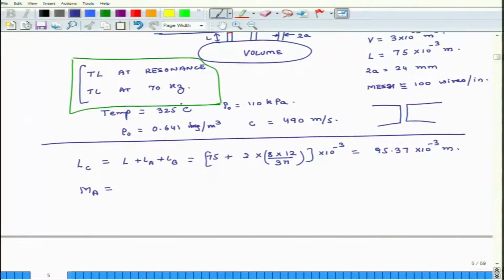For one pipe, the value of acoustic mass is rho naught LC divided by pi A square, but there are 3 pipes, so I have to multiply it by 3.